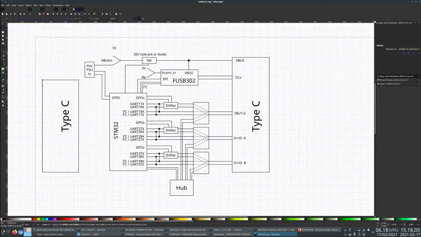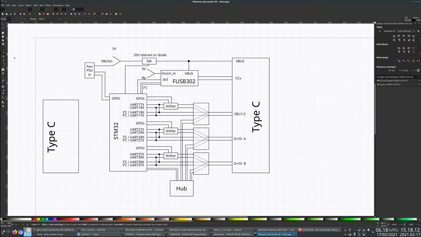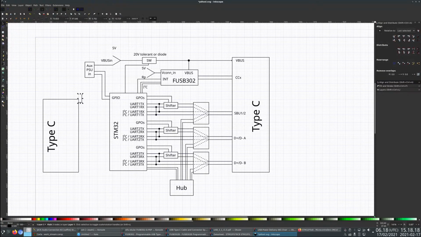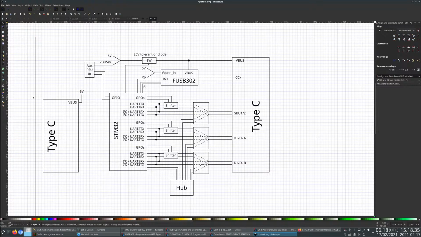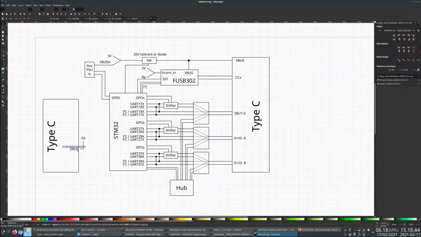But basically, this is going to supply system 5 volts. Actually, you know what? This doesn't even need to be this large because I'm going to put the other things down here.